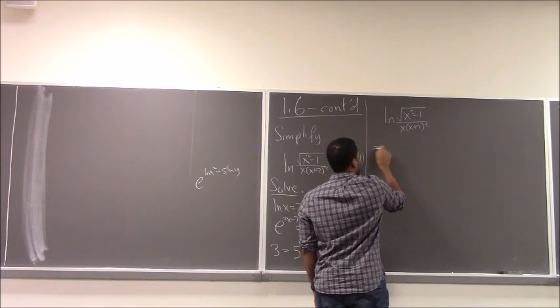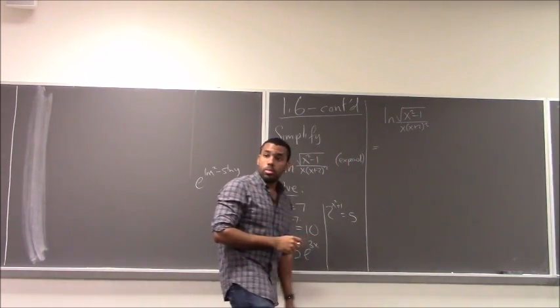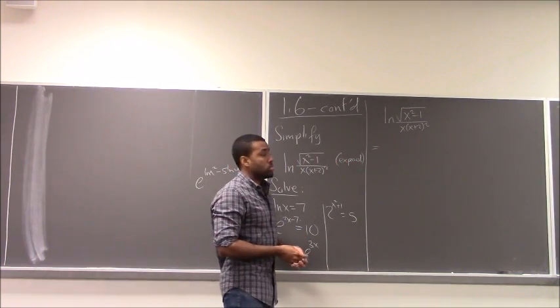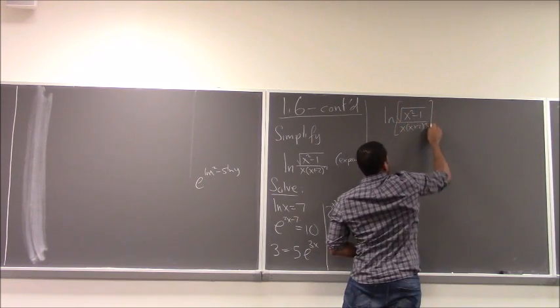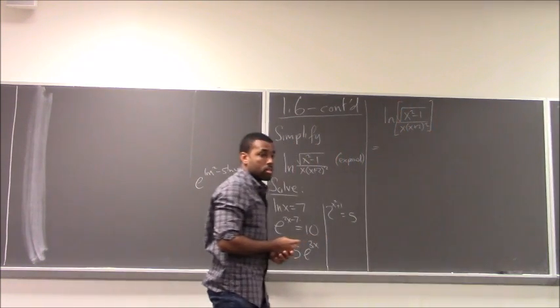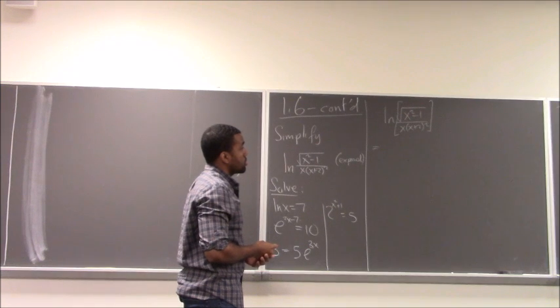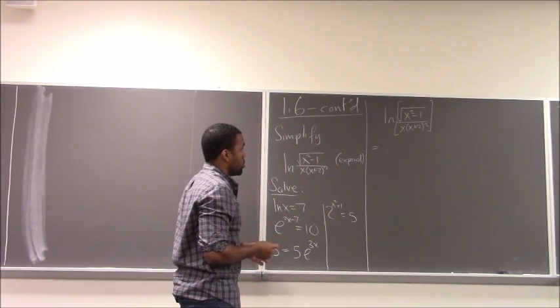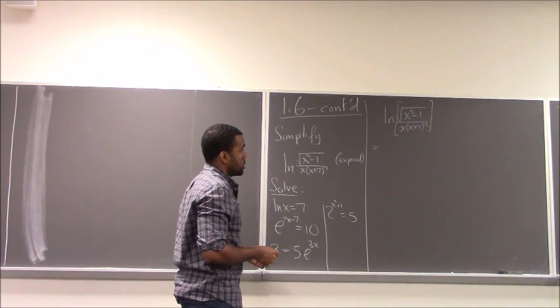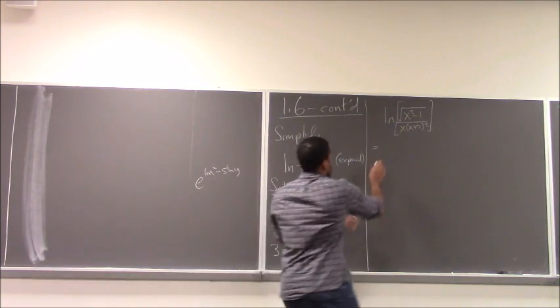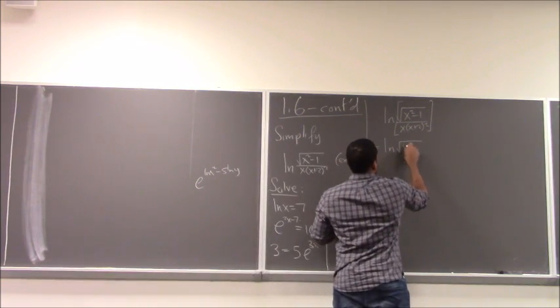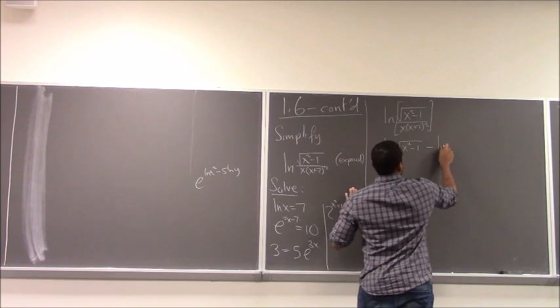Ideas? All this is inside the log. Put it in two different logs with a minus sign. How would that work? ln root x squared minus 1, and then minus ln of x times the rest. So we can do ln of this guy minus ln of that guy.